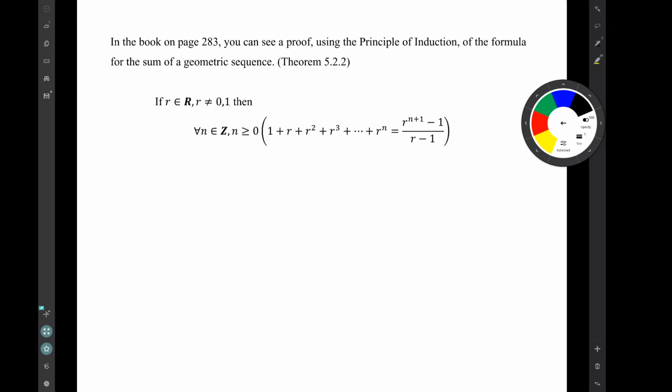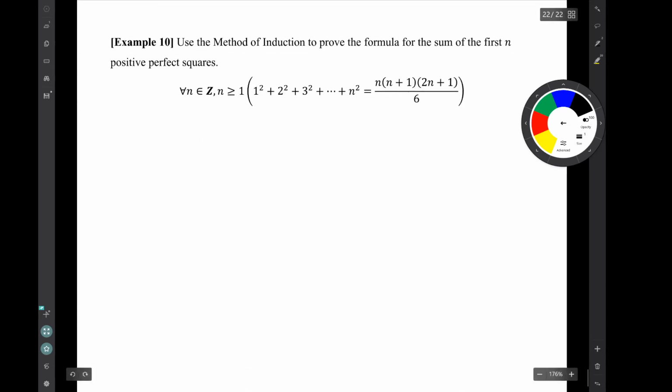But I would like to do one more example to use the method of induction to prove a formula for the sum of the first n positive perfect squares. So here we have a sum, and each of these numbers is a perfect square. We're leaving out the perfect square that is 0 squared. That's not on the list. So this is the first n positive perfect squares.